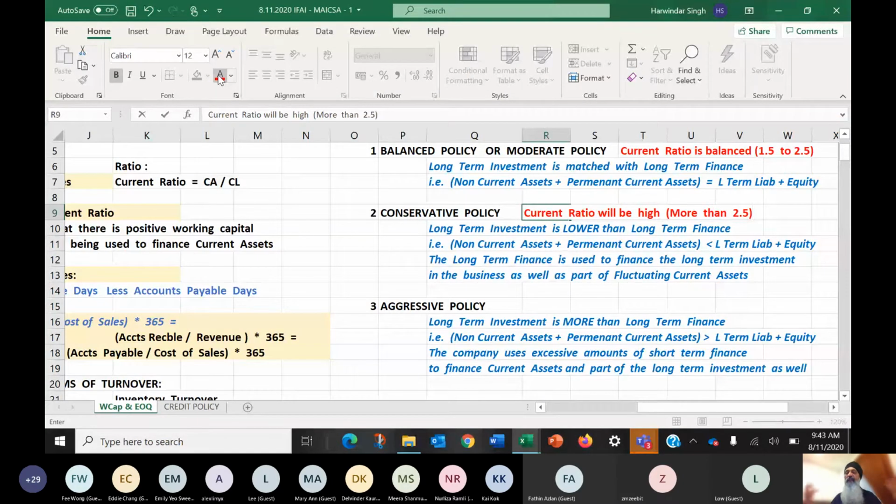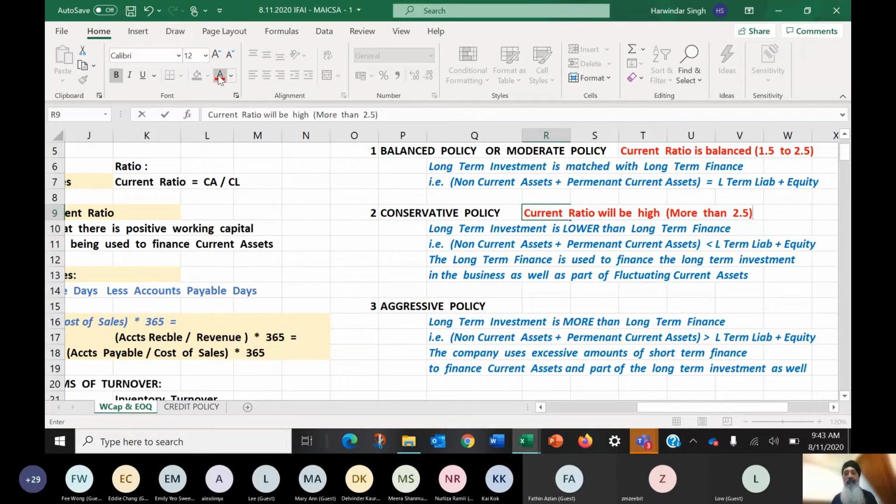Because we have a lot of long-term money. When do you normally have a lot of long-term money? When the company has just completed the issue of shares or bonds. Then normally they are flush with long-term money, and you will see the current ratio tends to go up.